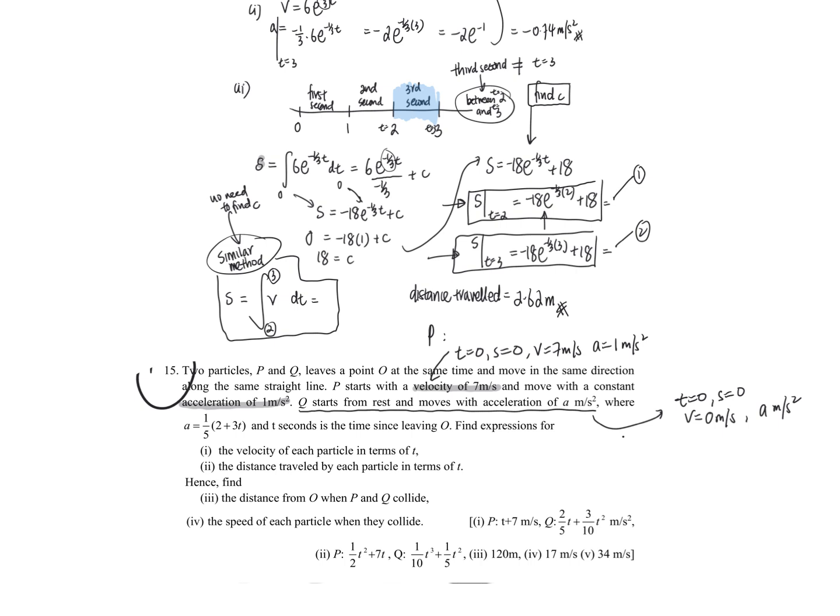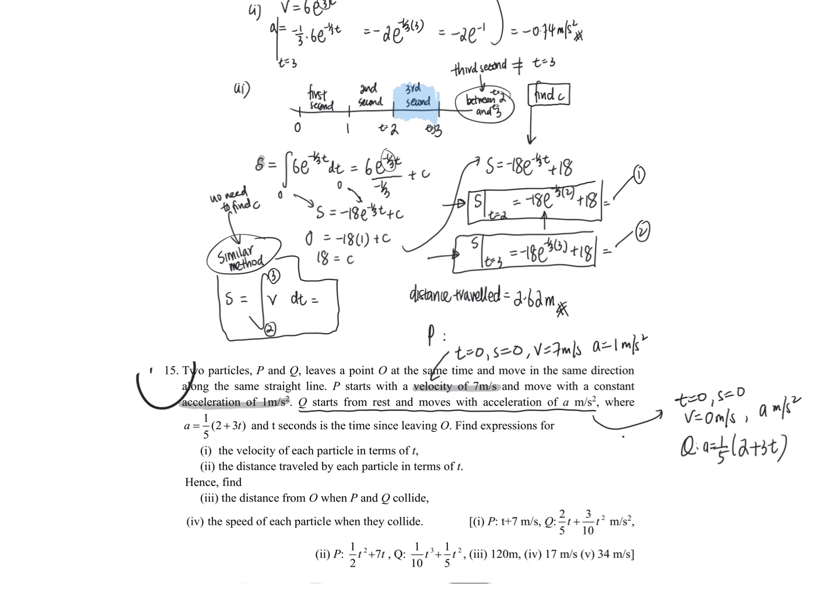So it tells you particularly that for Q, the acceleration is 1/5 (2 plus 3t).